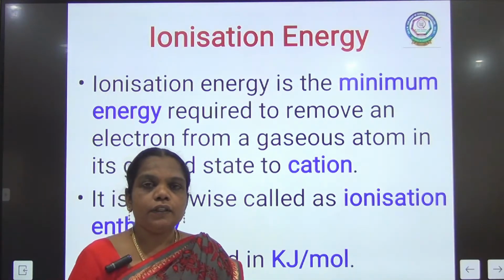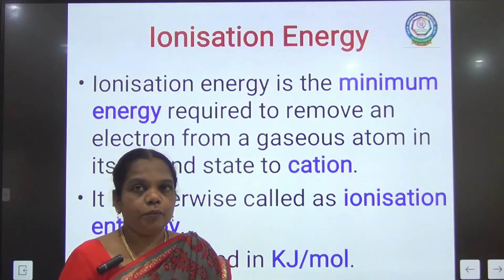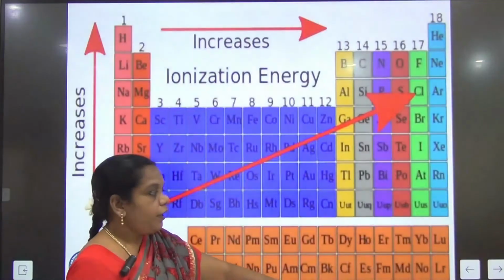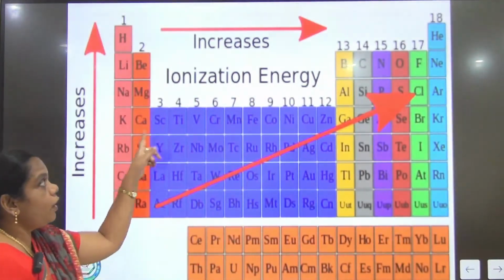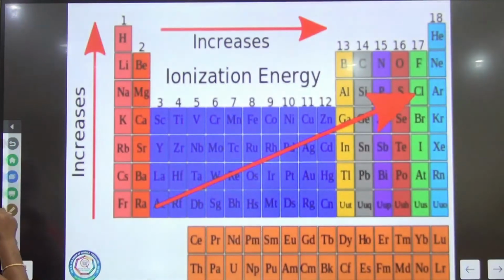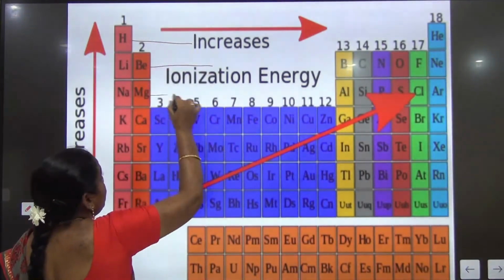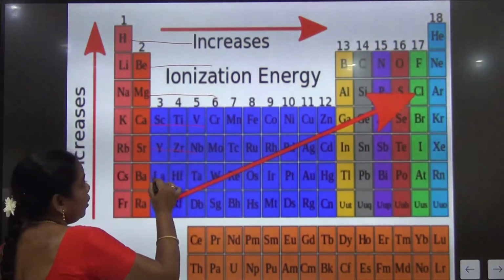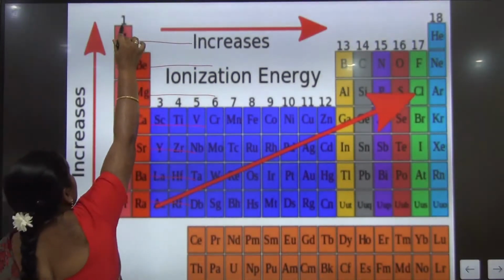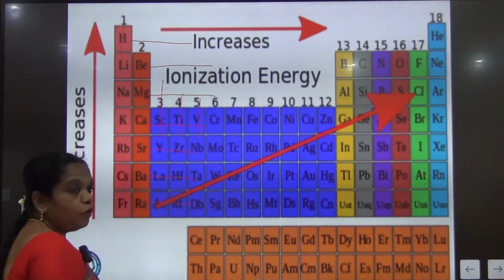Now we are going to see the variation of ionization energy in the periodic table. The atoms are arranged in the periodic table in increasing order of atomic number. You can see the horizontal rows are called periods, and the vertical columns are called groups.